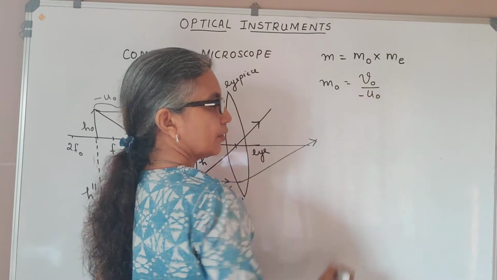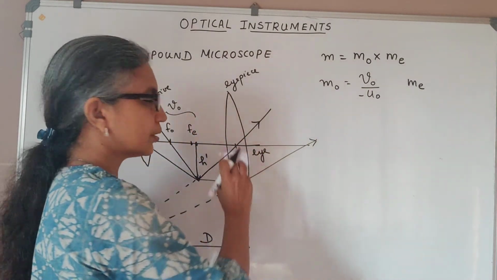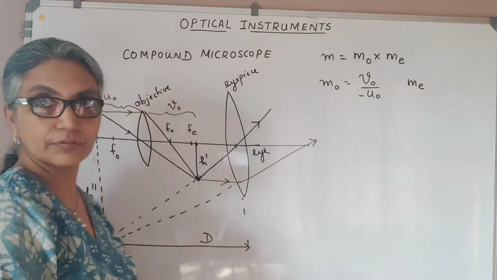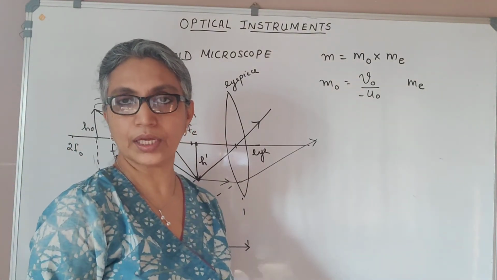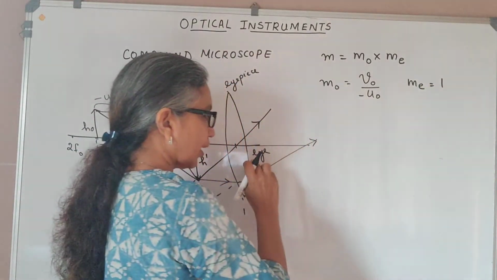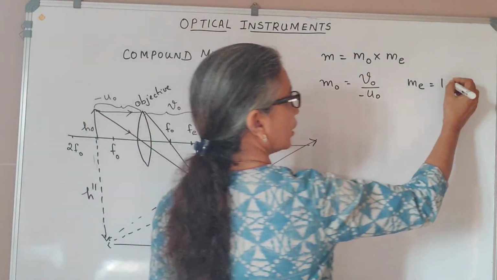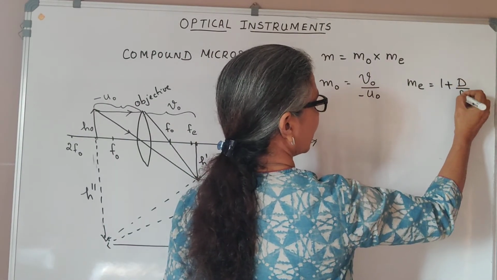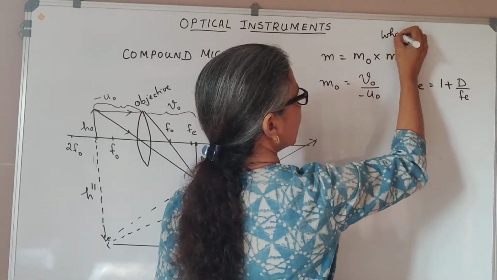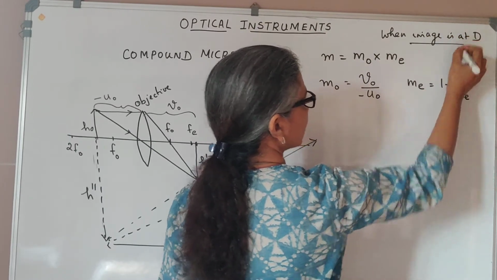And ME, we know that this is behaving as a simple microscope, I told you, whose final image is formed at D. That we have already derived in the previous topic as 1 plus D by F. So ME will be, because the eyepiece is behaving like a simple microscope and the image is formed at D, we may write ME is 1 plus D by FE, where FE is the focal length of the eyepiece. This is when the final image is at least distance of distinct vision.